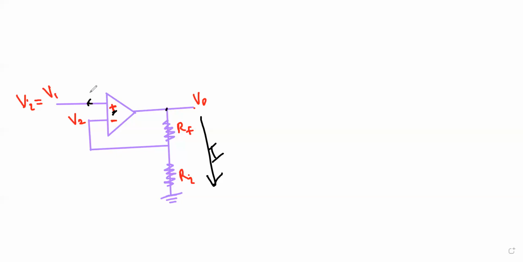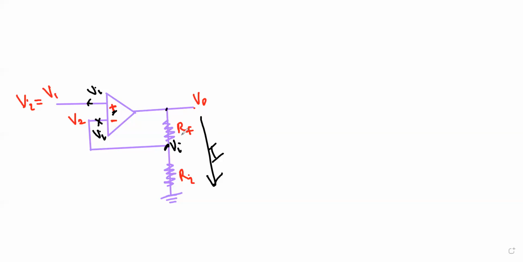Here VI should be the input voltage. Since this is a negative feedback, we have connected the minus terminal with the output. We can tell this is going to be VI. From that we can tell this is also going to be VI. So now we know VI and the current, and we know RF and RI. Let's move on to write the equations.